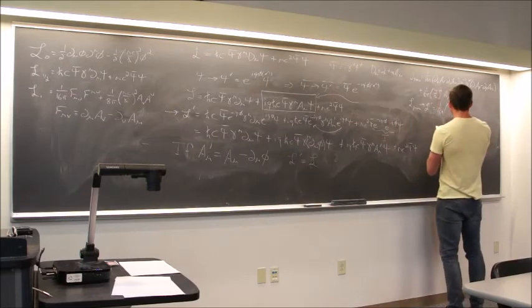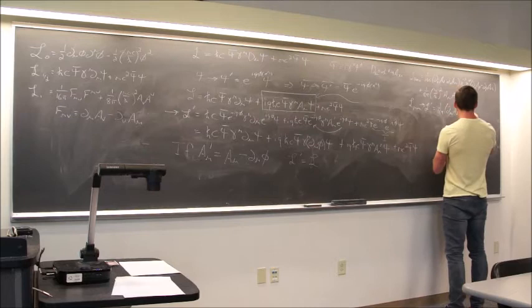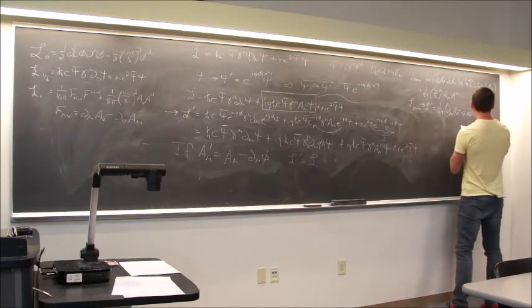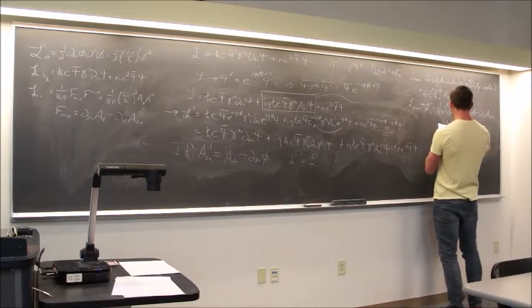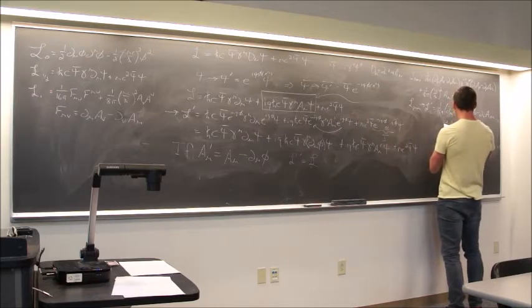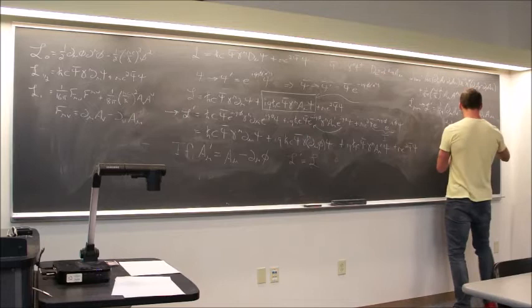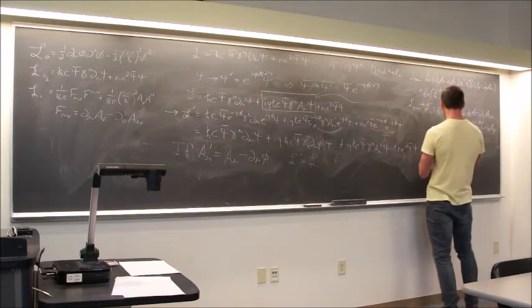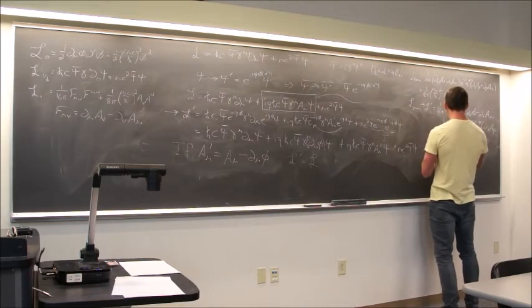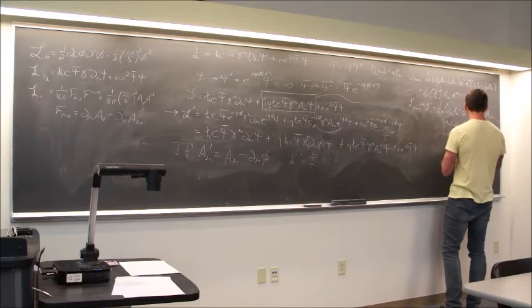So when I do that, and I'm just going to rush through this, I'm going to get something that looks like this. This is algebra. You guys can plug this thing in. It's not hard.